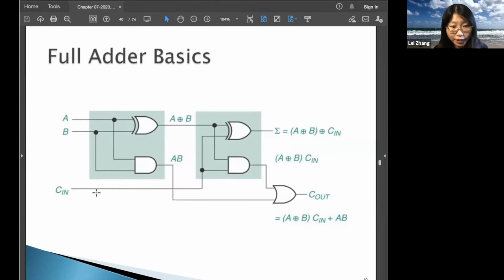From the carry in bit to the carry out bit, it will have 2 delays, because we get carry in here, pass this AND gate and then this OR gate, so this carry out bit will have 2 gate delays. So we have to separate the inputs and outputs. It gets complicated very quickly.